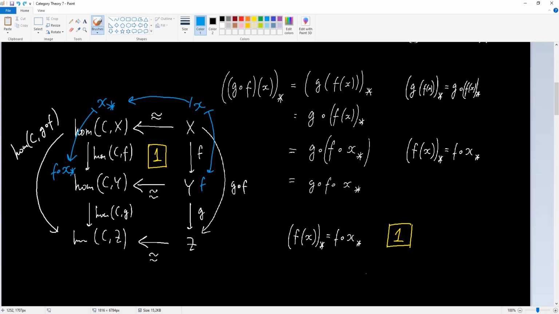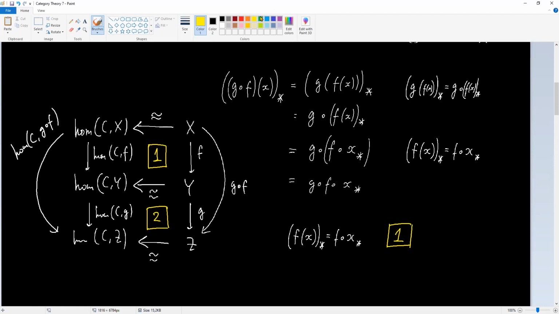Great, thank you. So in a similar way, the same equality 1, now stated for g in the place of f, will of course be commutativity of this square. You agree with that as well, right? Yes. Now, we can combine the two squares because 1 and 2 commute.